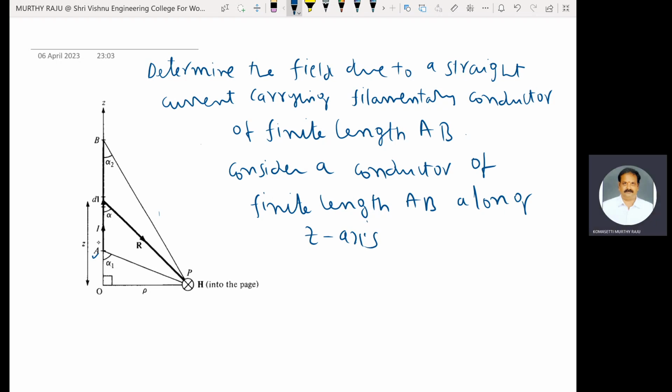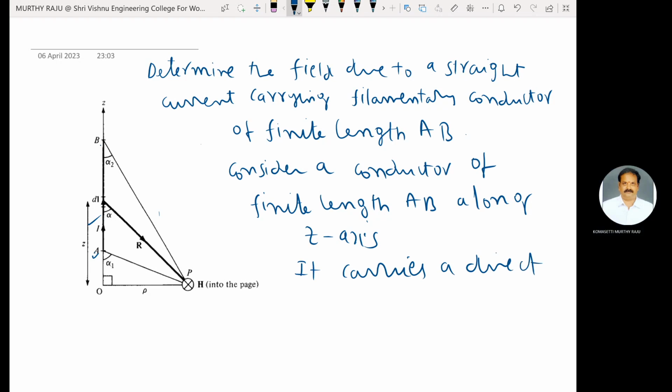This AB, with A and B, is along the z-axis, of finite length. It carries a direct current I.